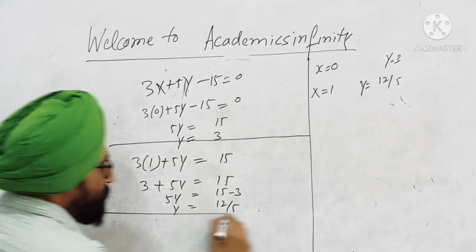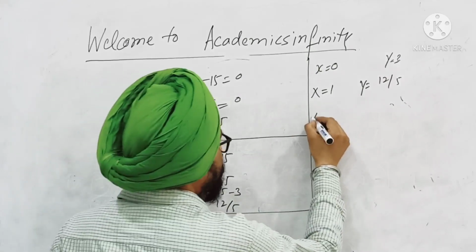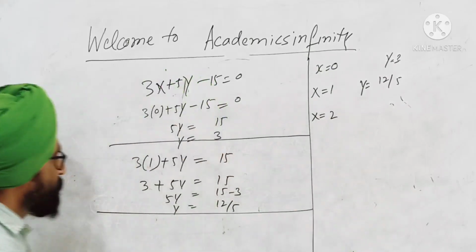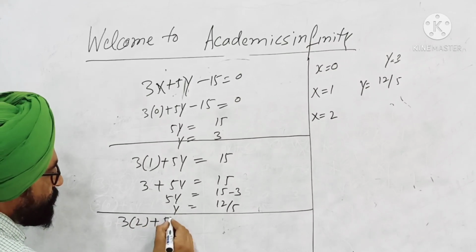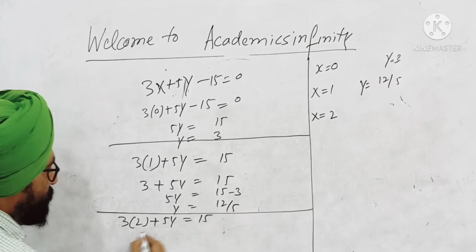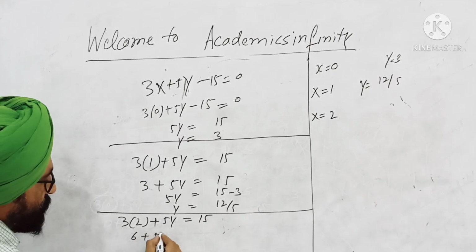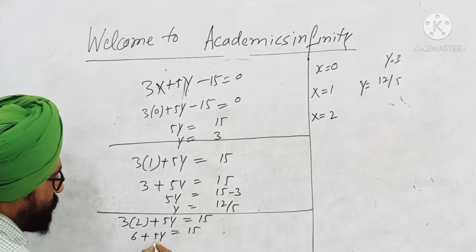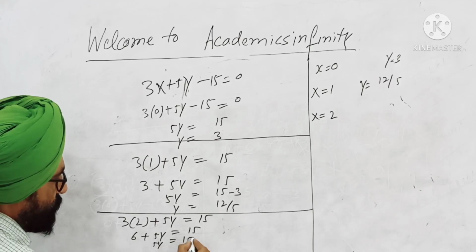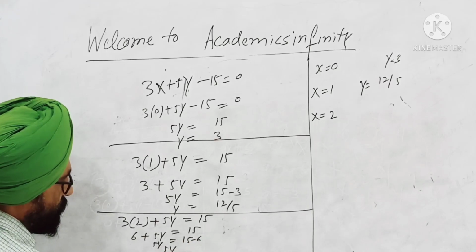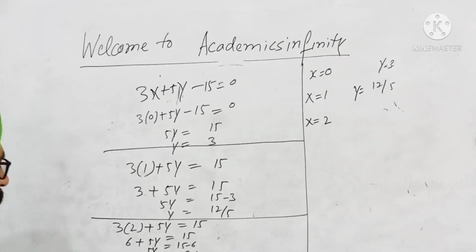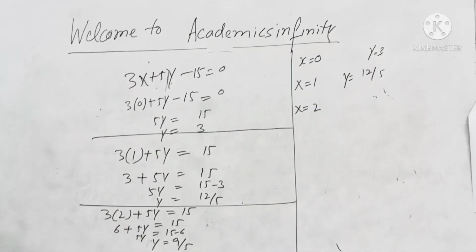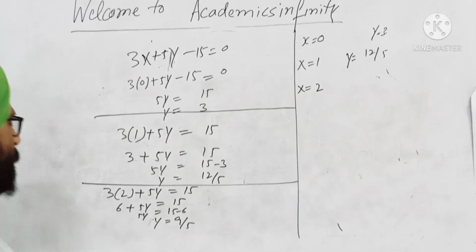Then again, let's assume that x is equal to 2. Then find the value of y here. Then the value of y is 9 over 5.